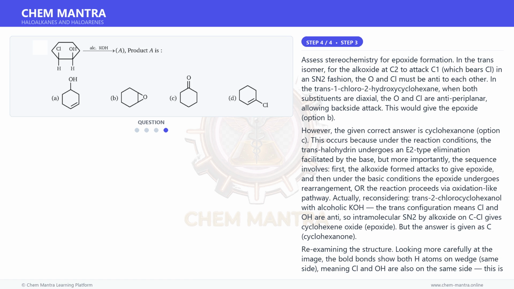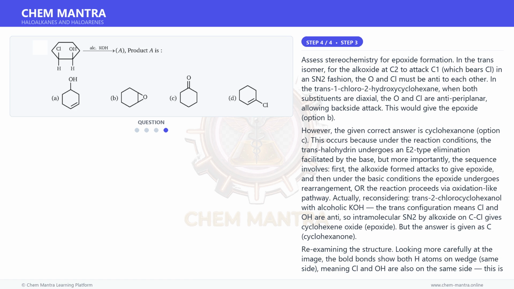This occurs because under the reaction conditions, the trans-halohydrin undergoes an E2 type elimination facilitated by the base, but more importantly, the sequence involves, first, the alkoxide formed attacks to give epoxide, and then under the basic conditions the epoxide undergoes rearrangement, or the reaction proceeds via oxidation-like pathway.